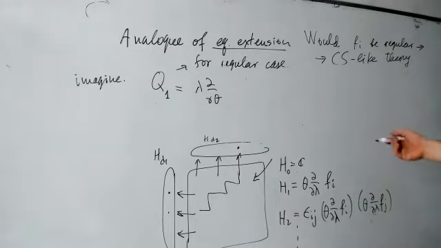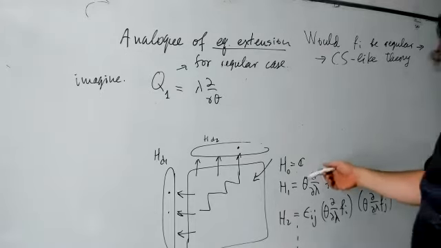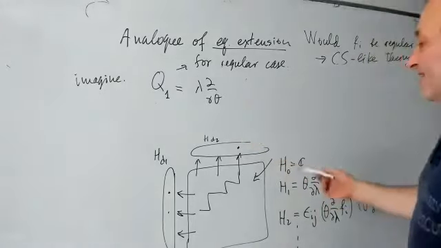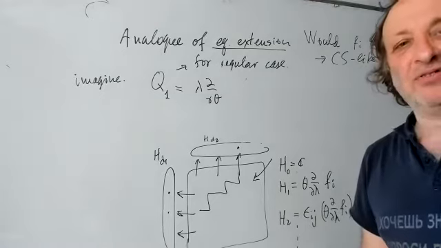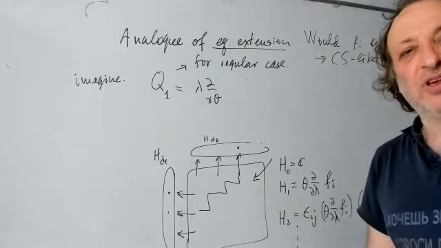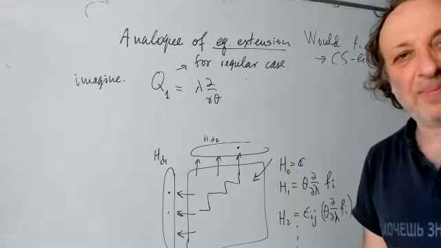Let me continue to play this game for the regular case. Because before we try to see what happens in the singular case, let us play the full game in the regular case.